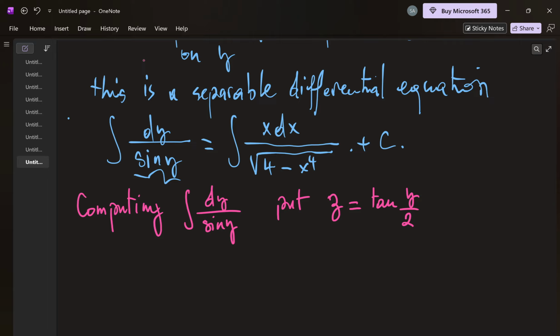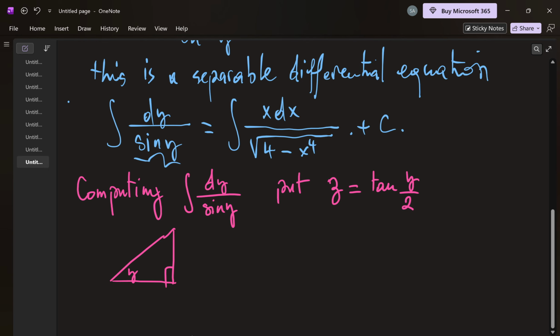Now using this rule that you may see here, this is the angle y, and by this new change of variable we could find that this part of the triangle is equal to 1 minus z squared, and this part is 2z, as we have seen in classroom, and this part is 1 plus z squared.